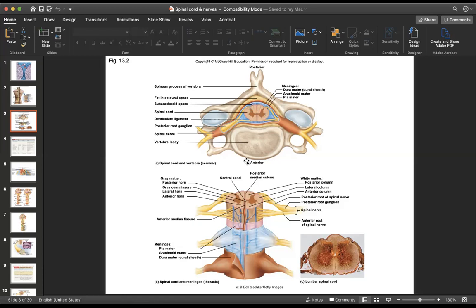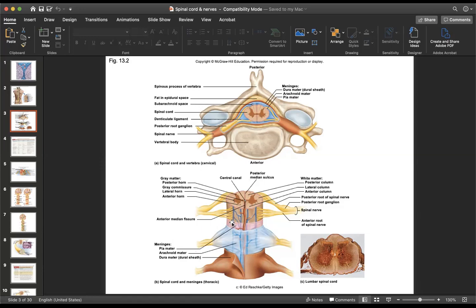Okay, so kind of taking at the idea of the rootlets, and you've got something like what you see here. So again, you've got about half a dozen rootlets that exit the cord at each spinal level. Okay, and this is like your C1, C2, C3, whatever. Now, I think your lab manual may refer to them as anterior.